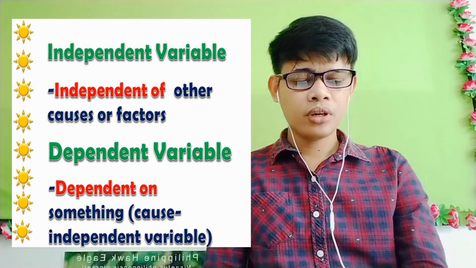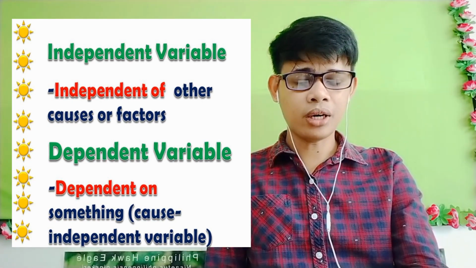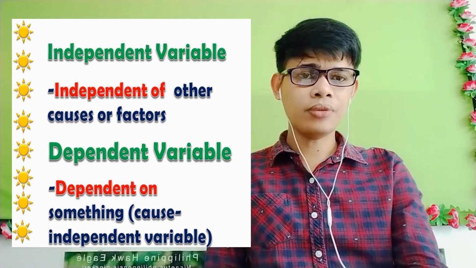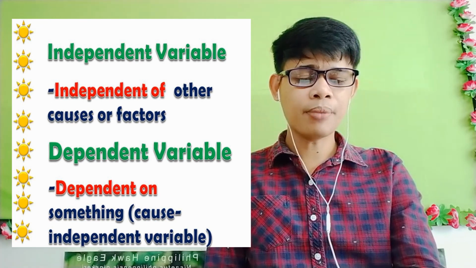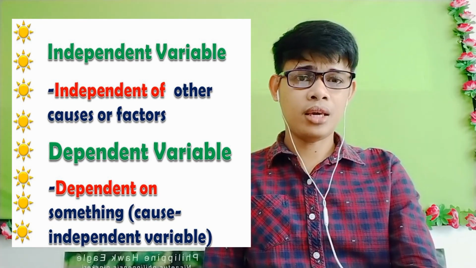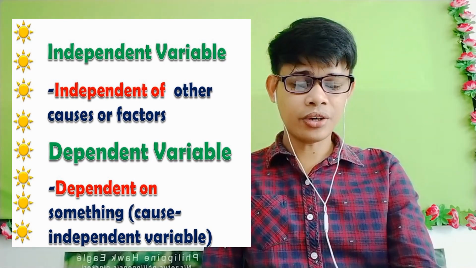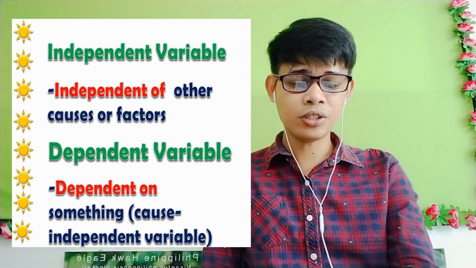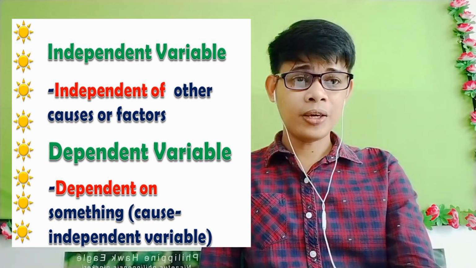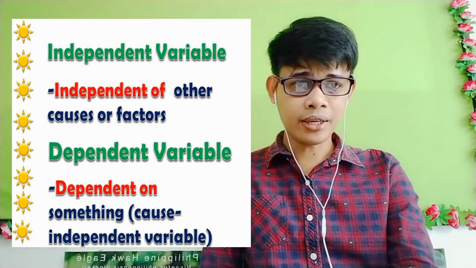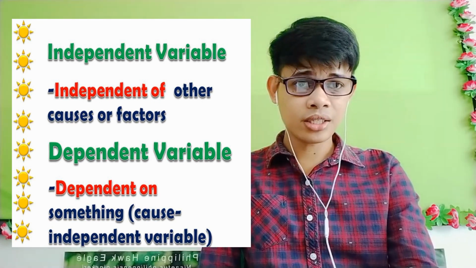And on the other hand, it is termed dependent variable because of the term dependent, which is dependent on something. And that something is the cause. And that cause is your independent variable. So meaning to say, your dependent variable is dependent upon your independent variable, which is the cause.